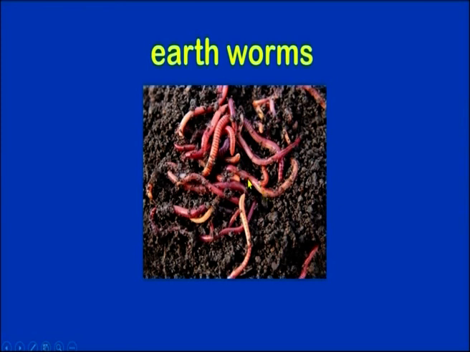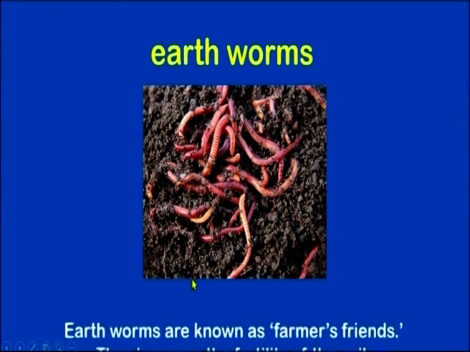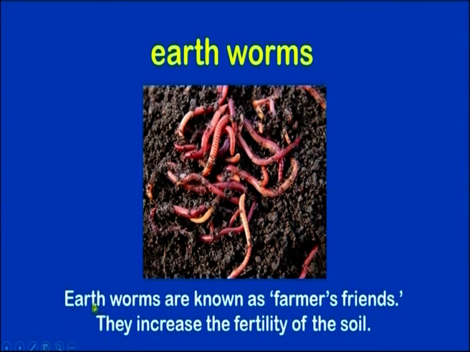Chinna nagalilaga avi pani chesi, they make holes in the soil and see that the water and the air are reaching the roots so that the plant grows very well. Hence, they are increasing the fertility of the soil. They are also called the farmer's friends. Earthworms are known as farmer's friends. They increase the fertility of the soil. You understood, children? Very good.